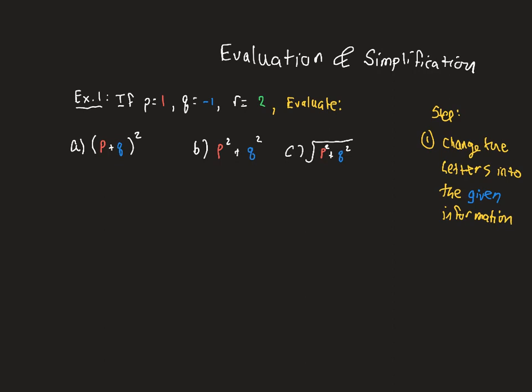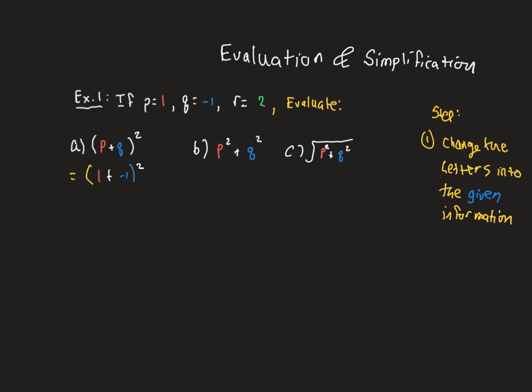So in part A, we're going to use this yellow font here, me and my Pikachu yellow here. So first things first, well, I know P is 1, and I know Q is -1. Okay.